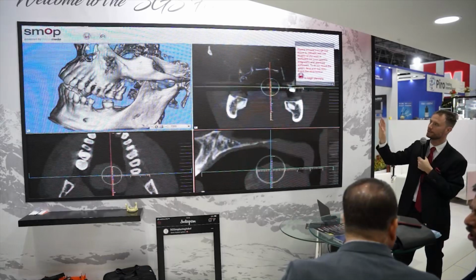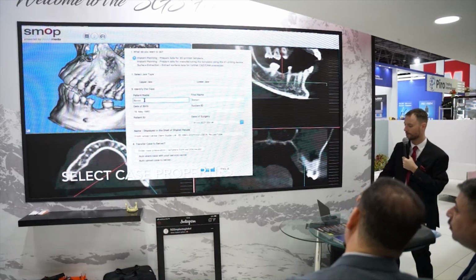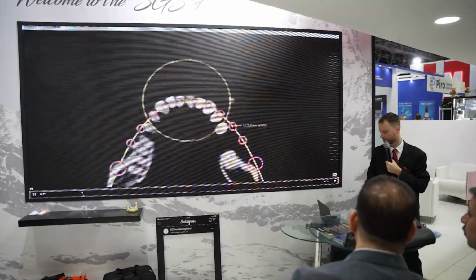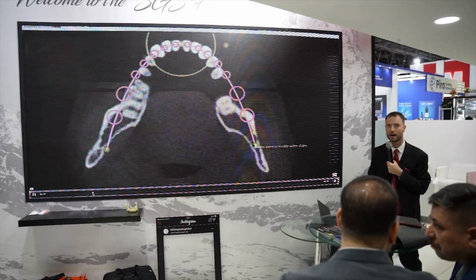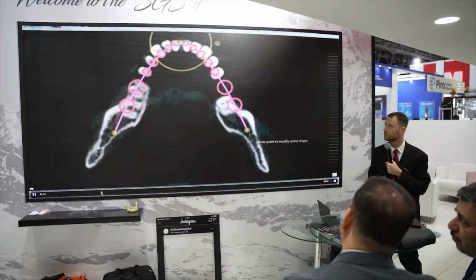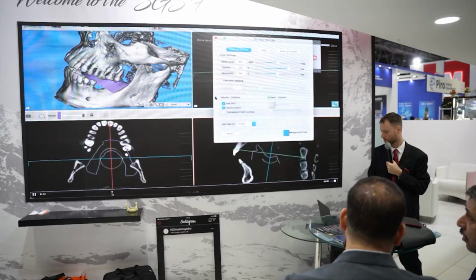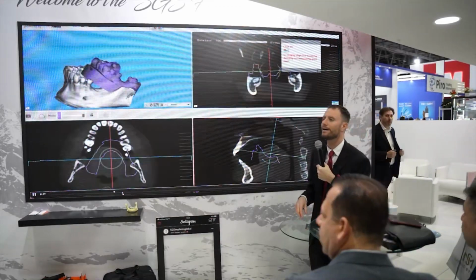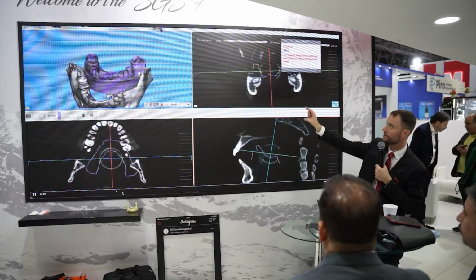Okay, so we have the three-dimensional plan. As I told you, we need to select how we do that. I'm going to skip a bit. In this software, you need to select exactly how the positions are, which teeth you want to prepare. In this software, you do the superimposition yourself, the merging.